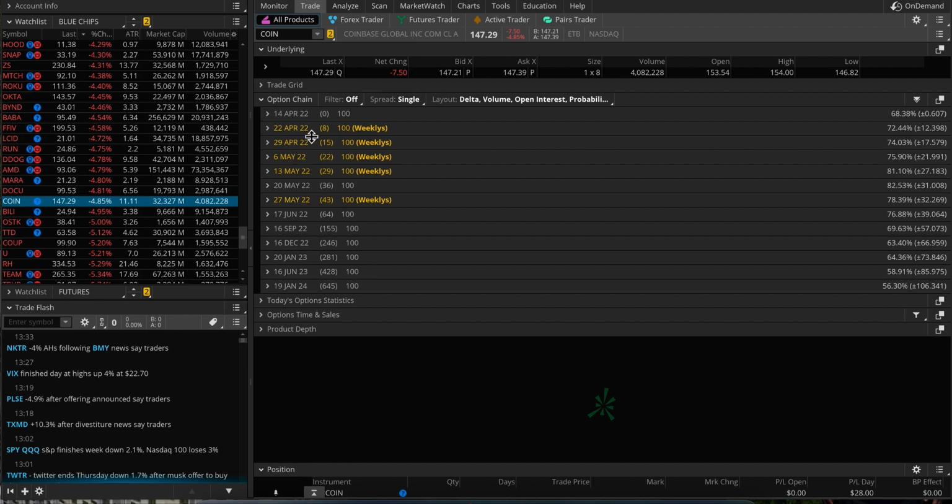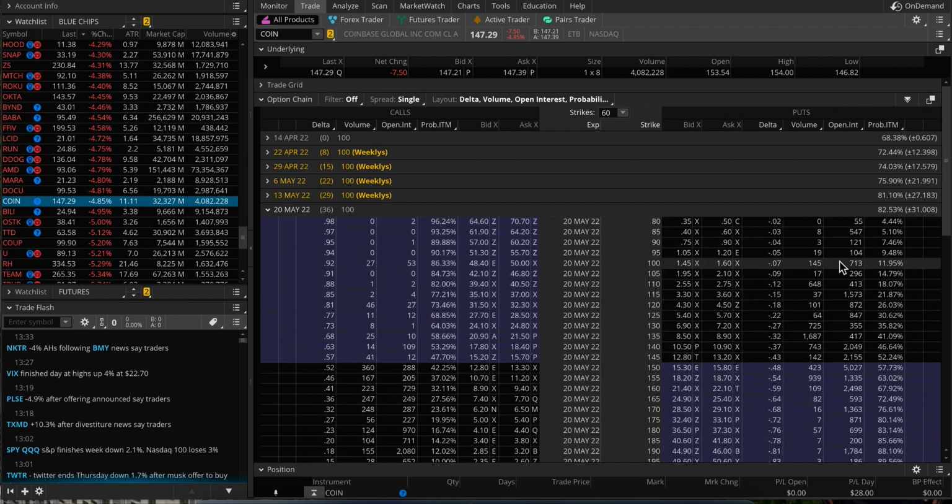Let's take a look at May 20th. What's the probability that it comes down to 110 by May 20th? 110, 18%. So the stock is implying a $31 move before May 20th, basically. IV is 82%.